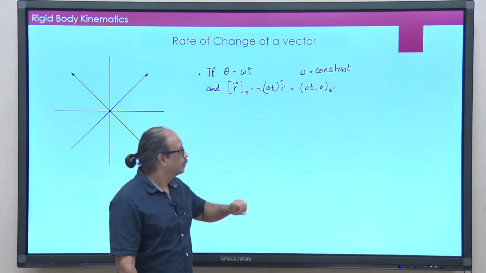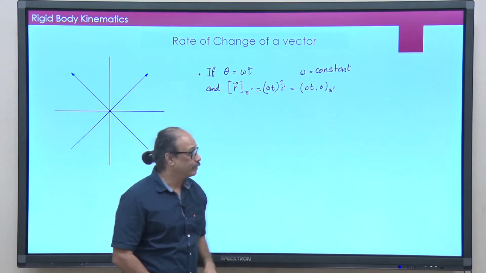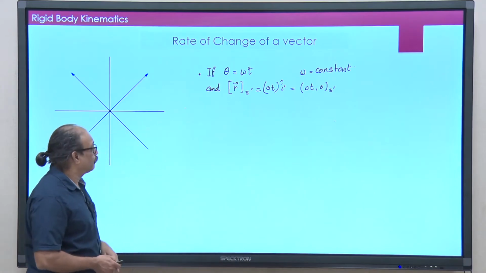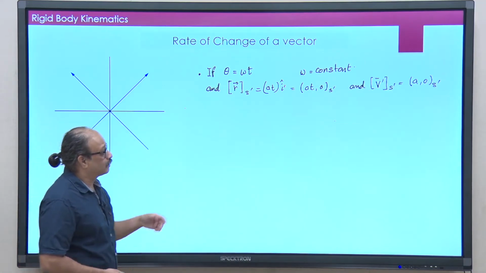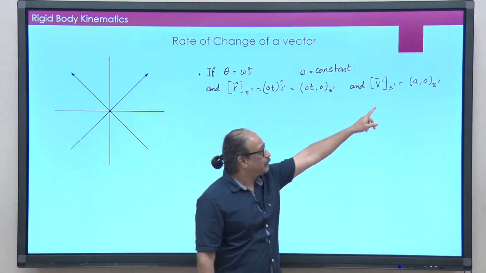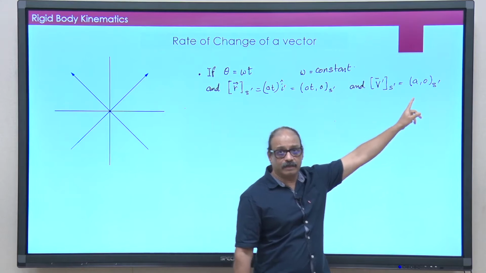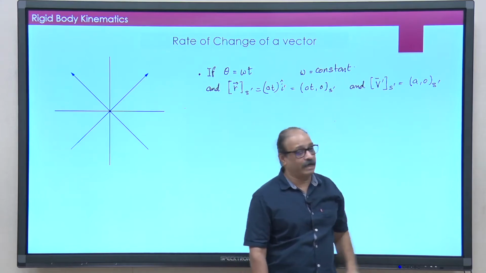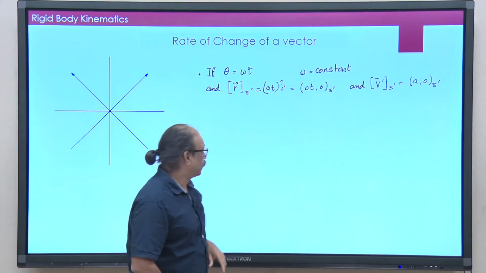Those are the components seen by S prime. Now, you calculate the velocity. The velocity is nothing but the time derivative of this, which would be simply a constant velocity a along the x prime direction.